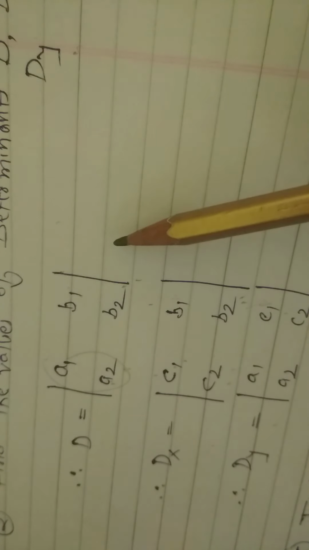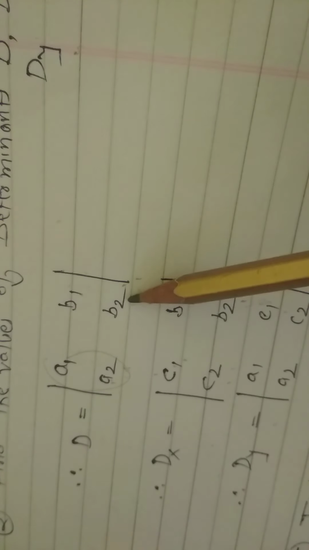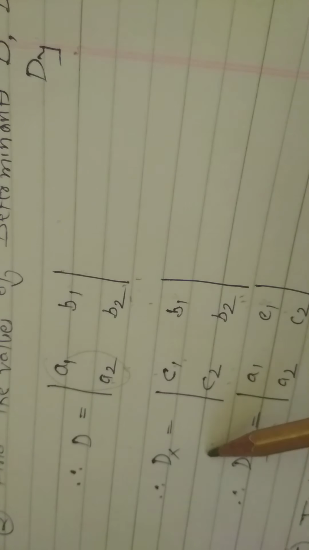Now you have to remember this determinant formula, and this is where silly mistakes happen. So how to remember? When we find determinant D, we take the coefficients of the variables, that is the coefficients of x and y, meaning a1 a2 b1 b2. a1 a2 is the coefficient of x, b1 b2 is the coefficient of y. Now when you find the value of determinant Dx, you write the constants c1 c2 b1 b2.